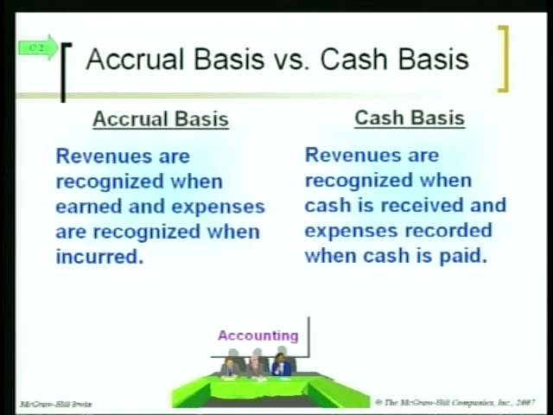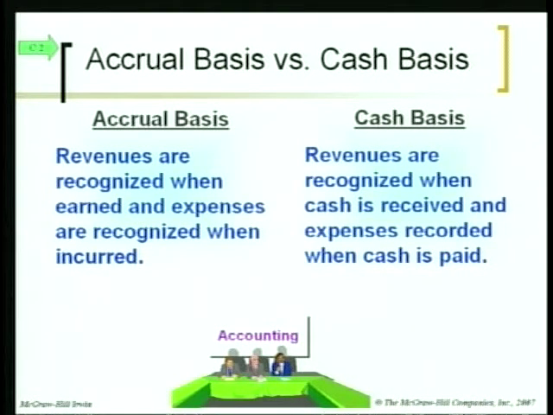it does not necessarily all hinge on when cash is received or dispersed. Okay? The cash basis of accounting, everything hinges on when cash is received and when cash is paid. If somebody pays you, gives you cash, you recognize revenue under the cash basis, regardless of whether you've provided the product or service.